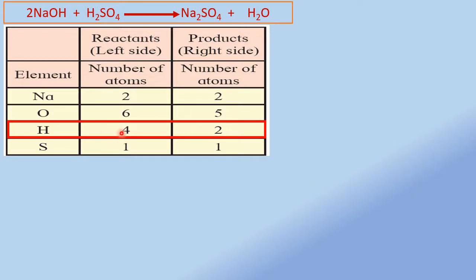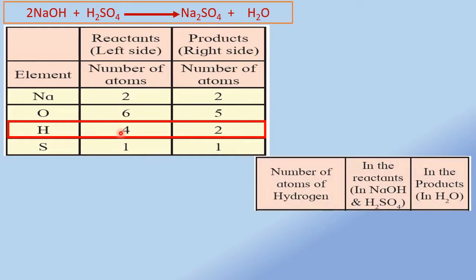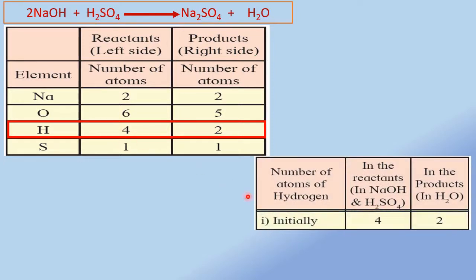The number of hydrogen atoms on the reactant side is 4 and on the product side is 2. So, apply a factor 2 to the product H2O for balancing the equation.